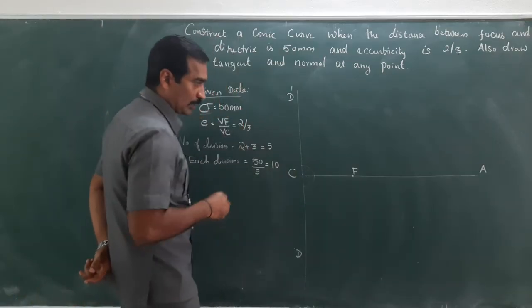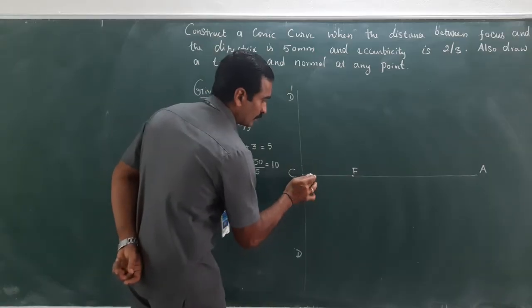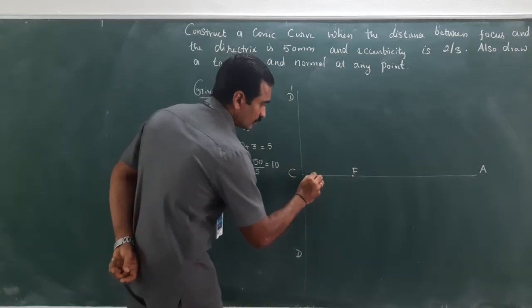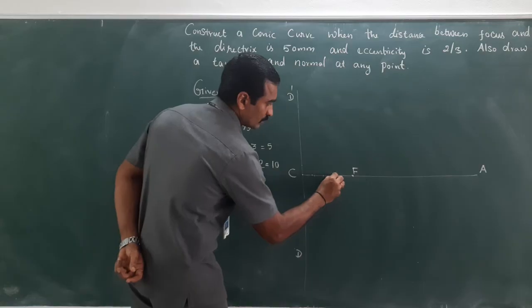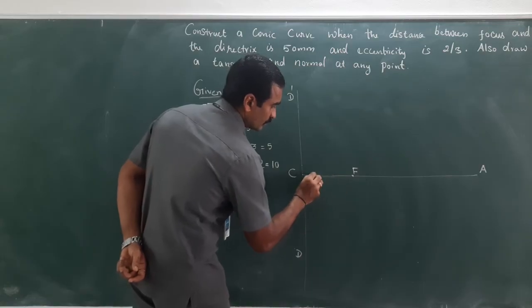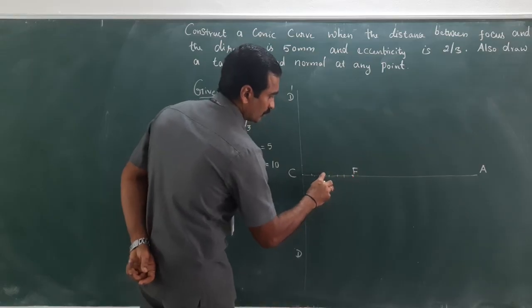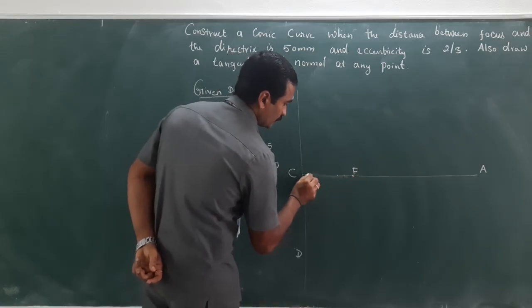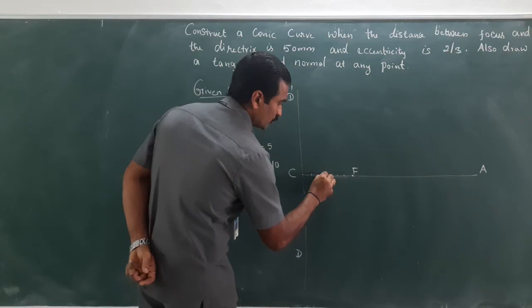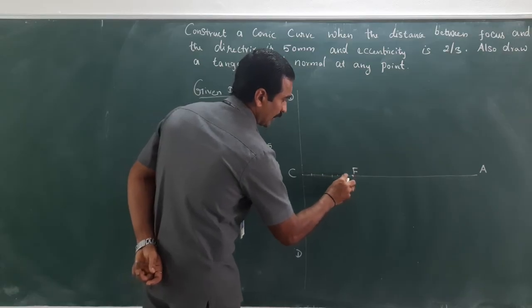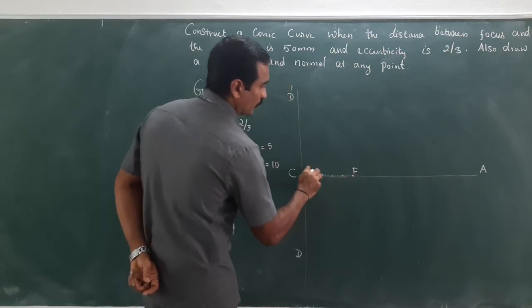Take 10 mm in your compass and cut an arc. One, 2, 3, 4 and 5. So there are gaps 1, 2, 3, 4, 5.